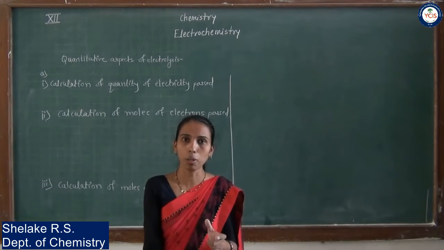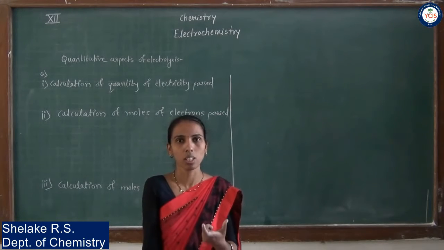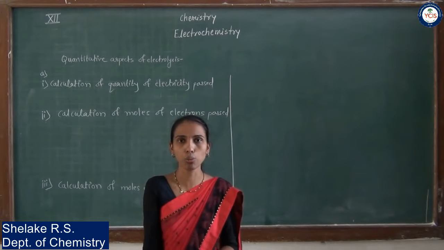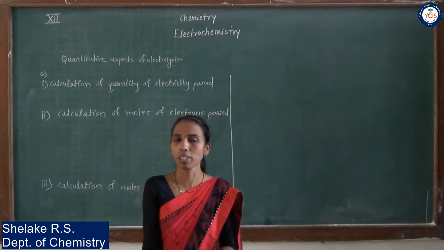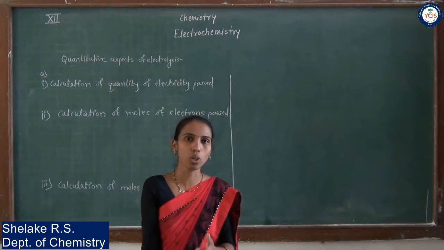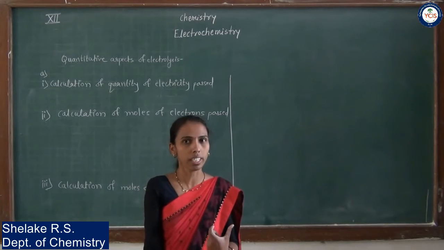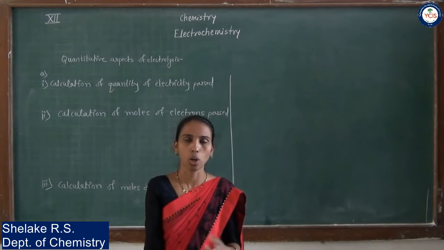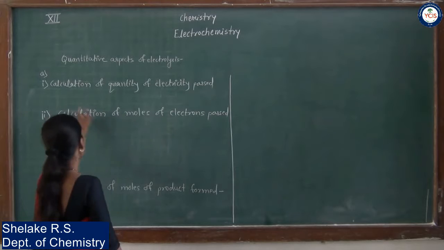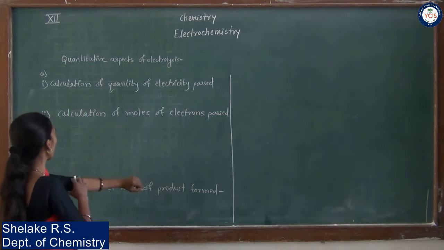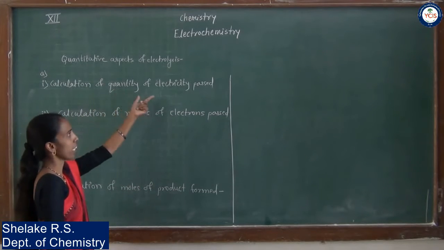So the amount of reactant consumed and the amount of product formed in the electrochemical reaction depends on the stoichiometry of the electrochemical half reactions. Okay. Now, first we have to calculate the quantity of electricity passed.